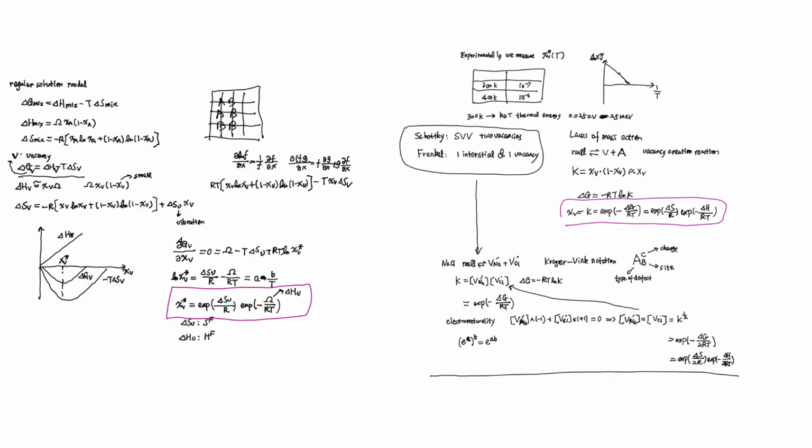From this, we can get log XV equilibrium as delta SV over R minus omega over RT.